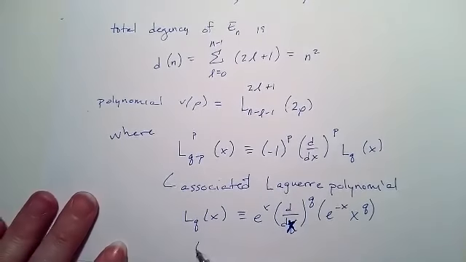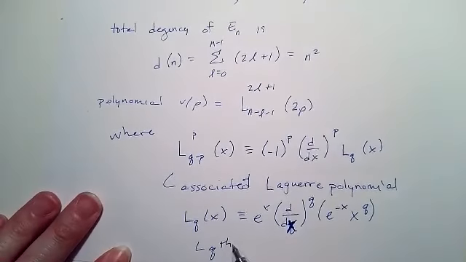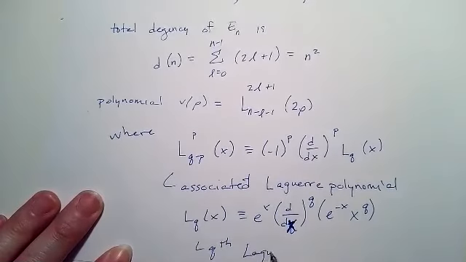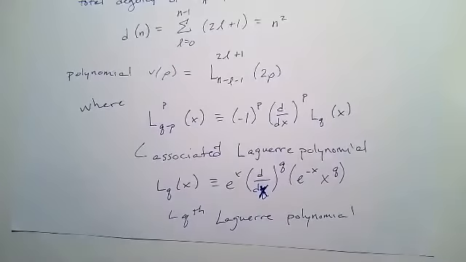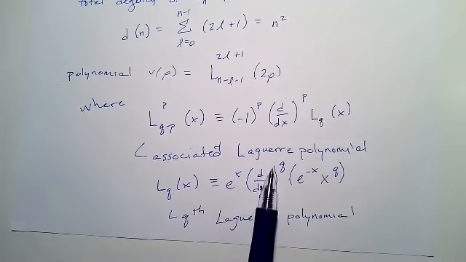And this is the qth Laguerre polynomial. So we have a recursion formula to help us, and the summation to help us find our polynomial function that we're using here. But there are entire tables of them that we could also look up.